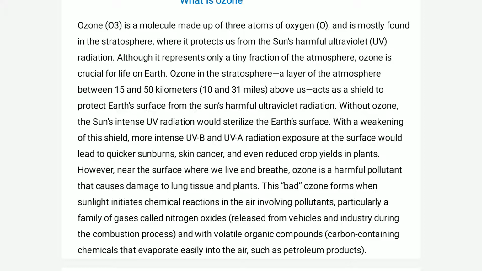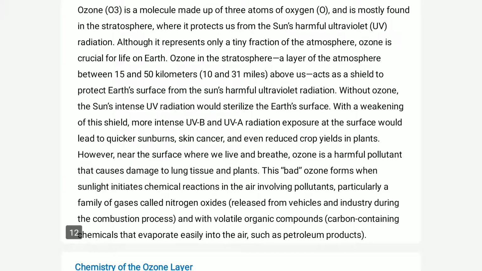Without ozone, the sun's intense UV radiation would sterilize the Earth's surface. With a weakening of this shield, more intensive ultraviolet B and ultraviolet A radiation exposure at the surface would lead to quicker sunburn, skin cancer, and even reduce crop yields in plants.